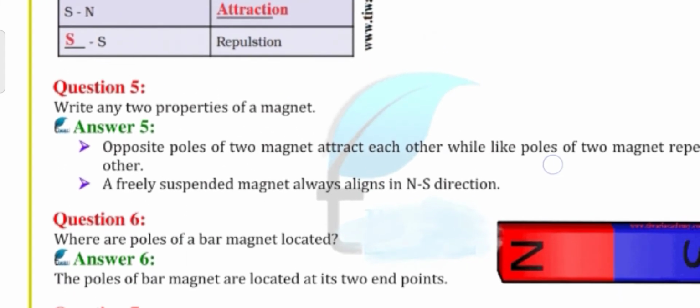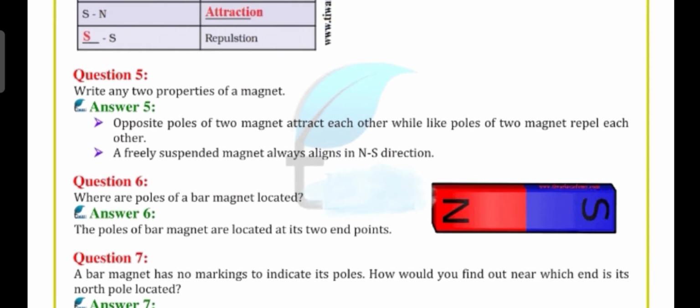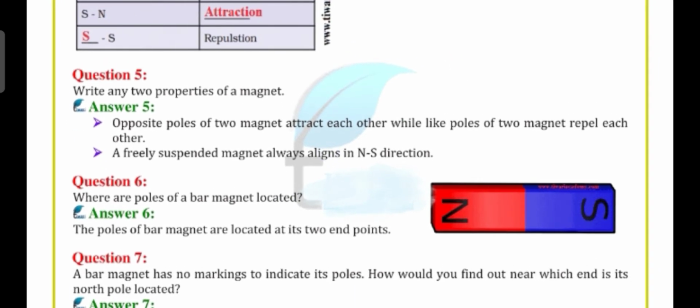Now, we can move to the fifth question. Write any two properties of a magnet. We have studied a lot of properties of magnets. You can write any two of them. For the answer, opposite poles of two magnets attract each other while like poles of two magnets repel each other. That is the best property of a magnet.